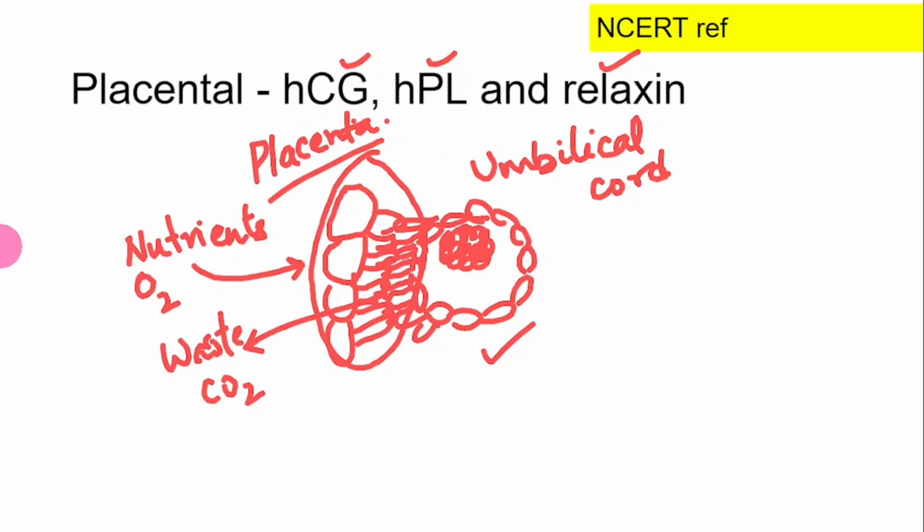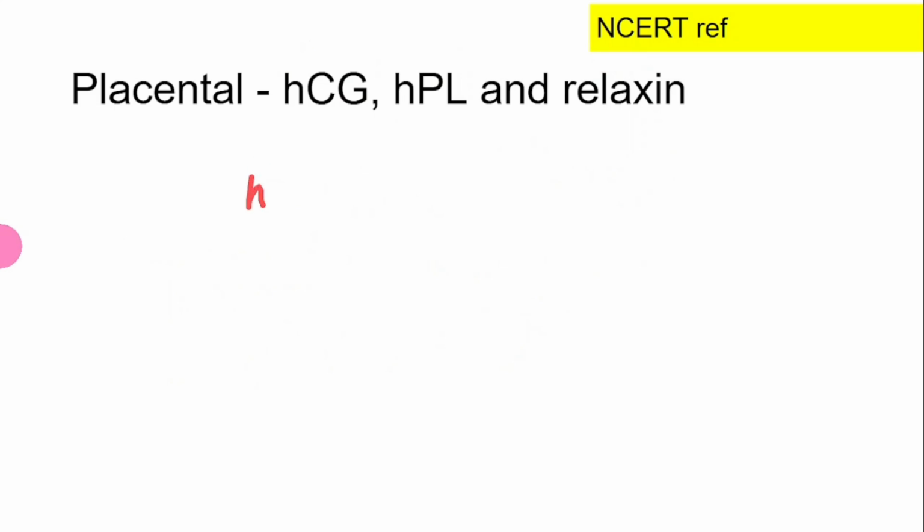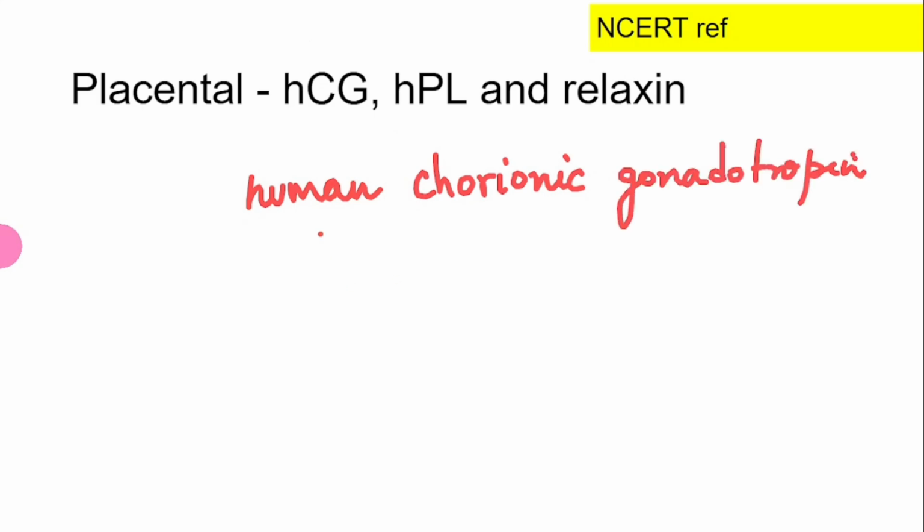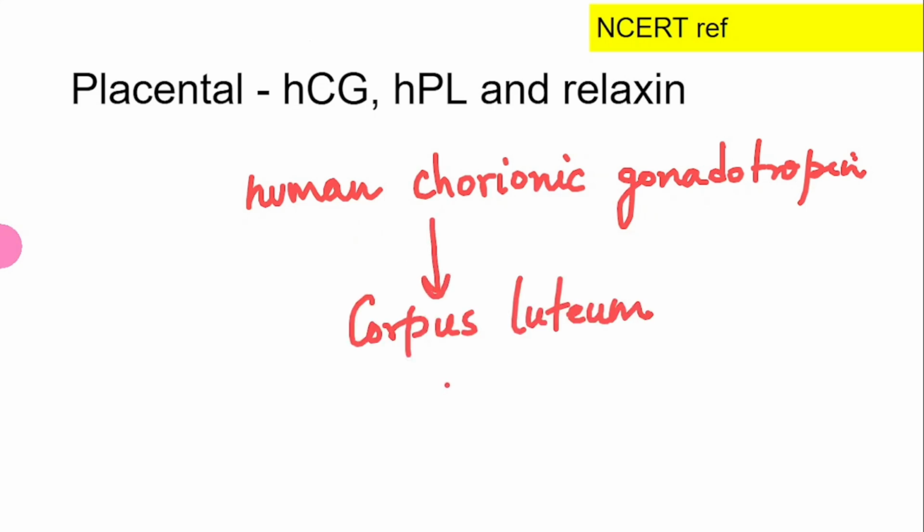In this particular question, HCG is asked. It stands for human chorionic gonadotropin. This will help the corpus luteum to survive. You already know that the corpus luteum degenerates in case fertilization doesn't occur.